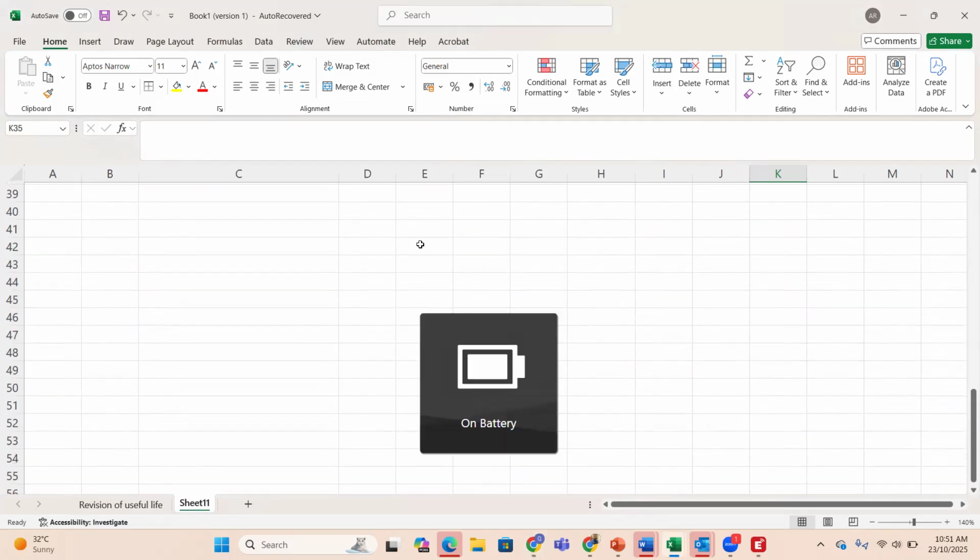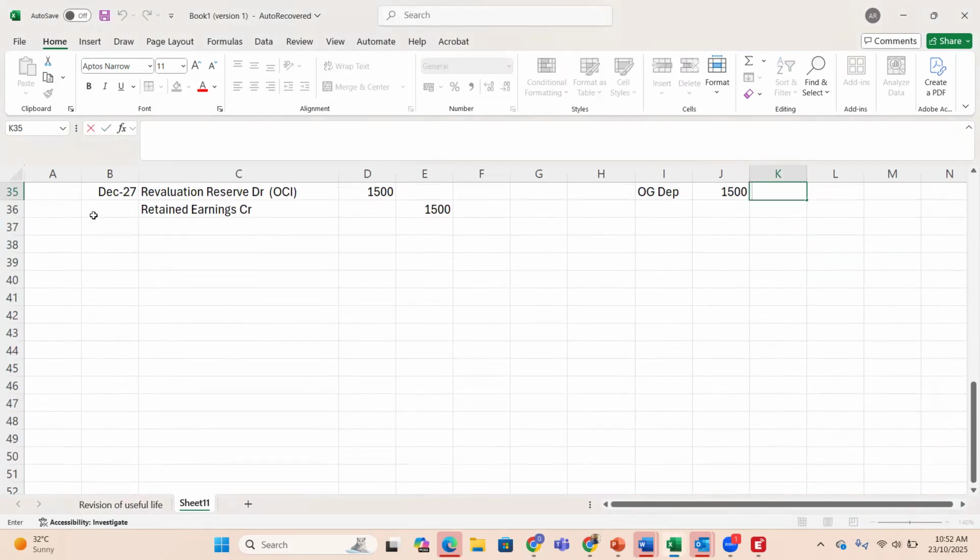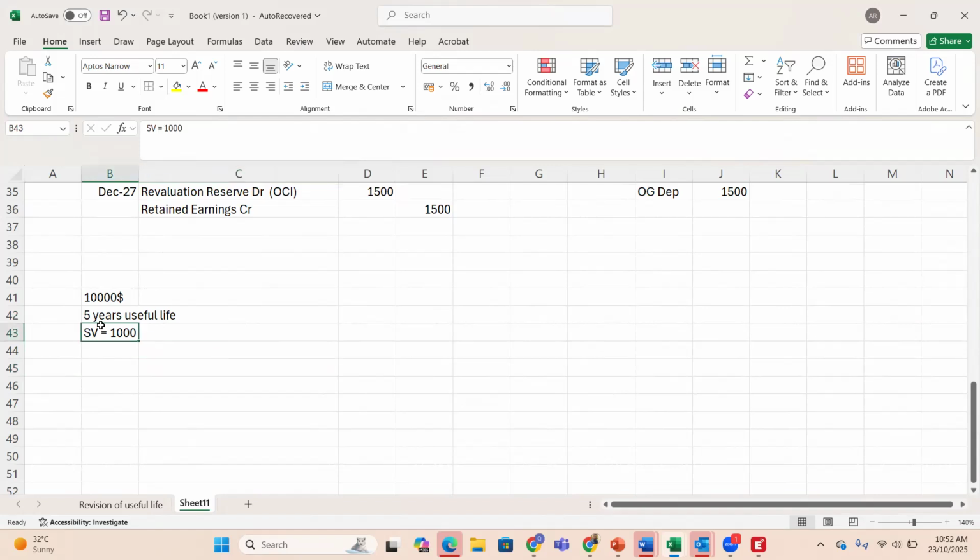So let's say there is an asset of $10,000. I'll take 5 years of useful life, and a scrap value of 1,000. Now let's do the SLM method.